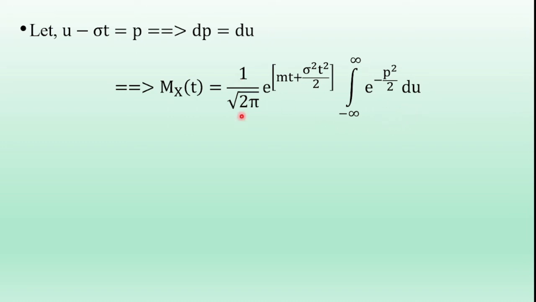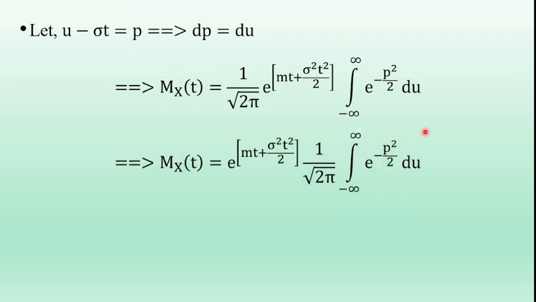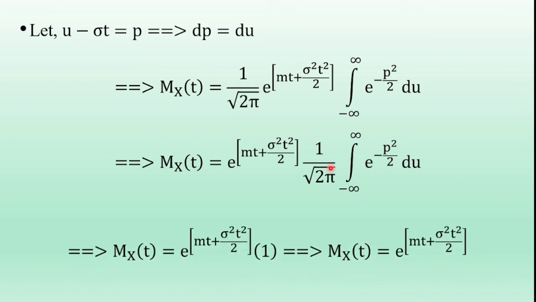So 1 by square root of 2 pi, integral from minus infinity to infinity e power minus p square by 2 dp is the area enclosed by the Gaussian density function of the random variable, which is equal to unity. So therefore M_X(t) is equal to e power mt plus sigma square t square by 2. So this is the final expression of the moment generating function of the Gaussian random variable.